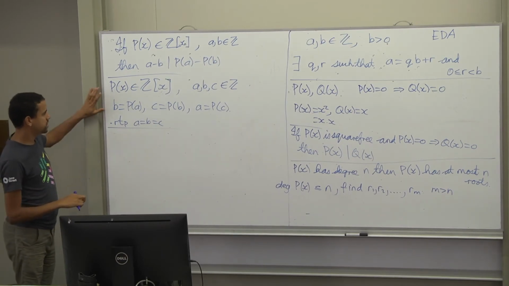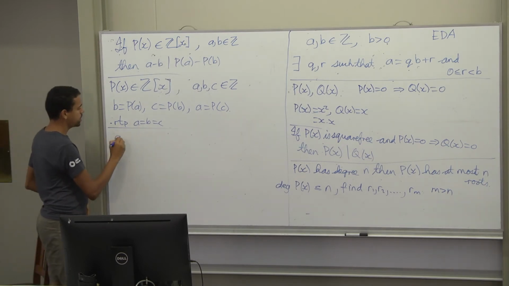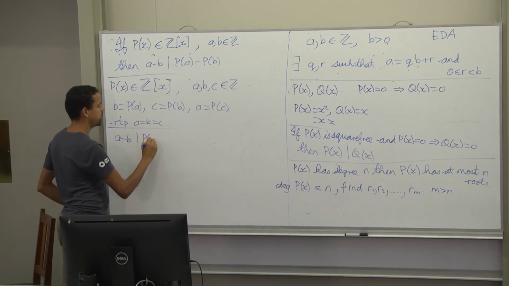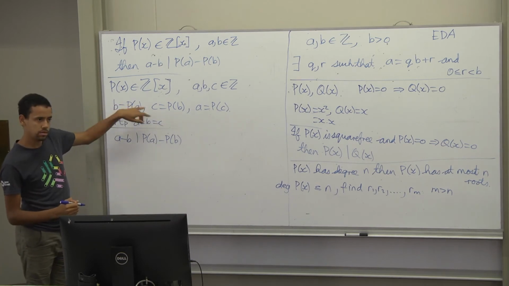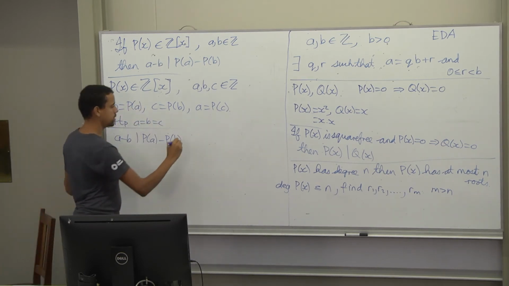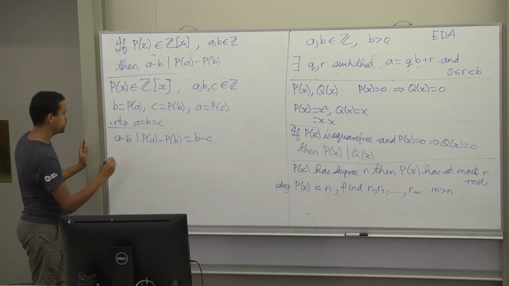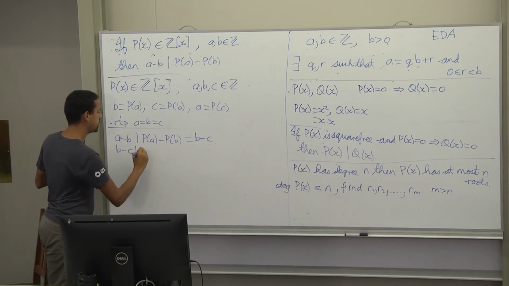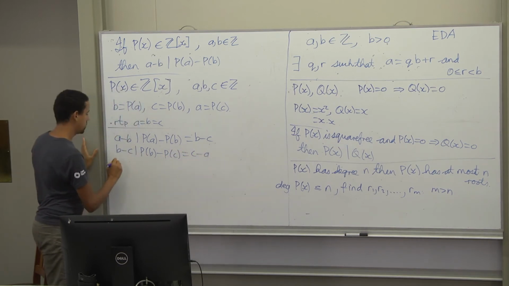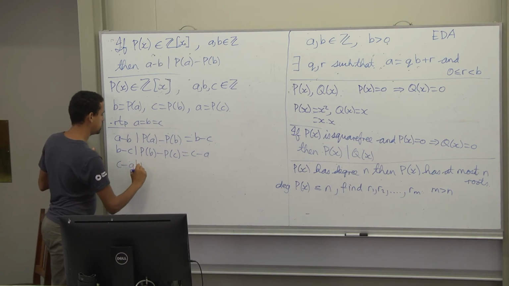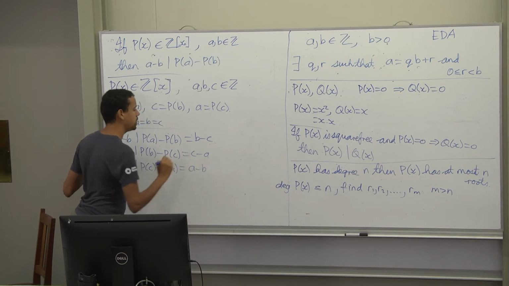So this is possibly the easiest problem I know which makes use of this, and it illustrates it quite nicely. So a minus b divides p of a minus p of b. Because of the function values we're given, this is b minus c. Similarly, b minus c divides p of b minus p of c, which is c minus a, and c minus a divides p of c minus p of a, which is a minus b.